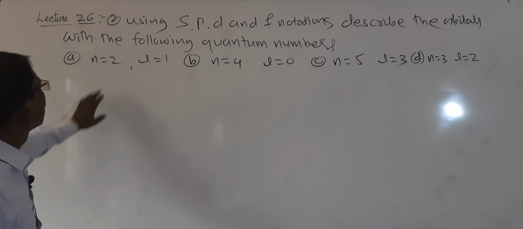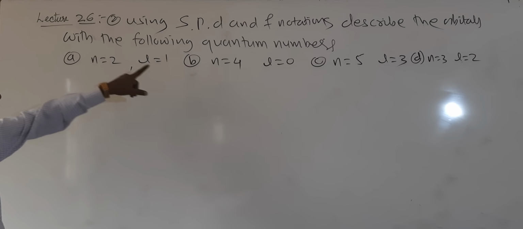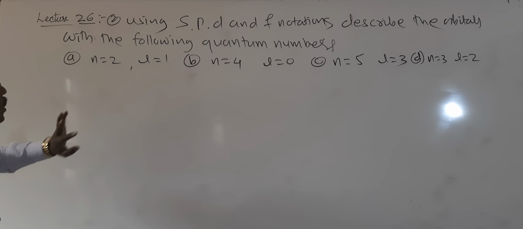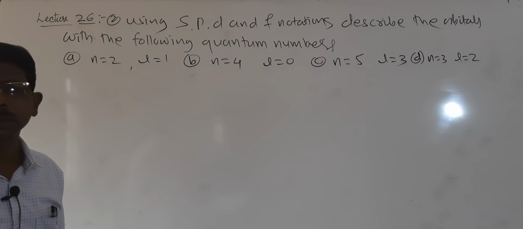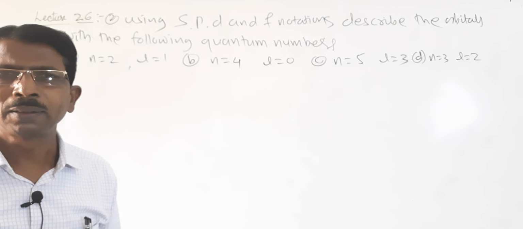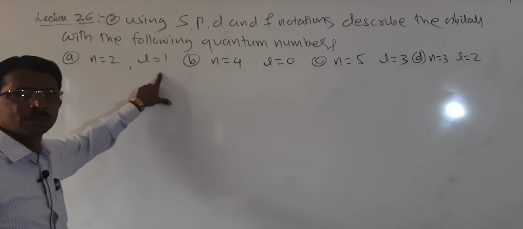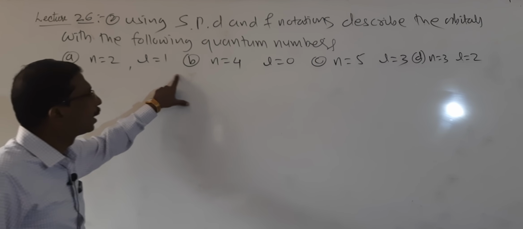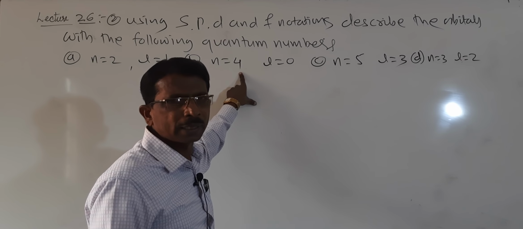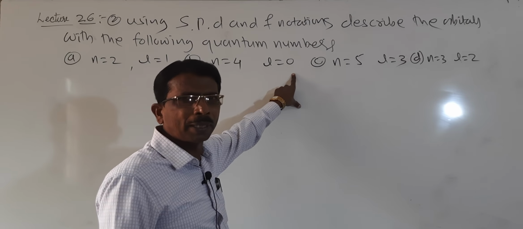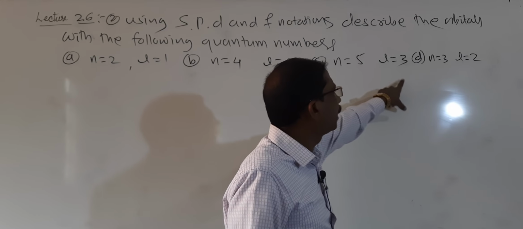Using s, p, d and f notation, describe the orbitals with the following quantum numbers. We have to describe the orbitals only. Here n is the main shell, and then the orbital.